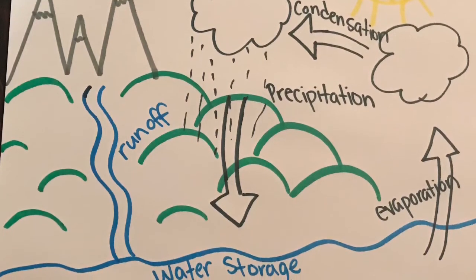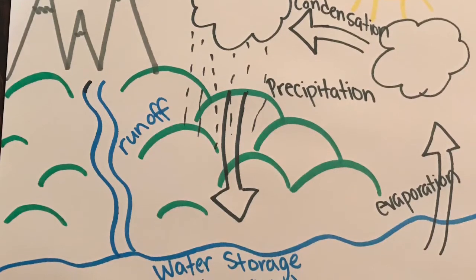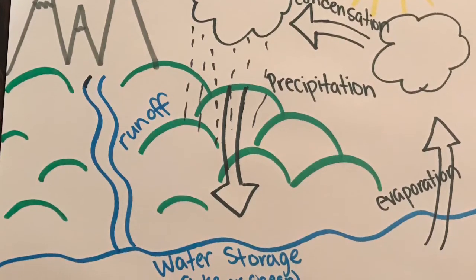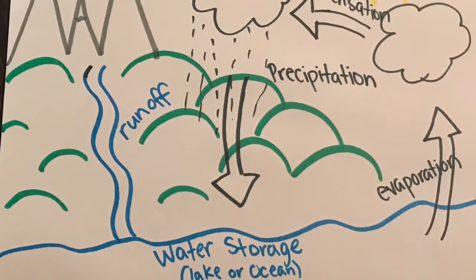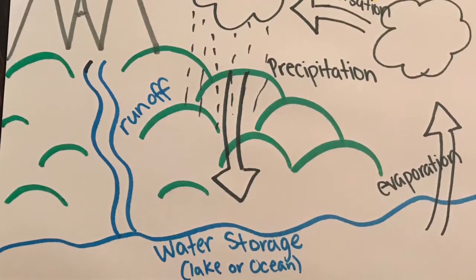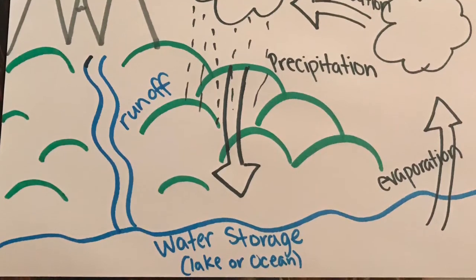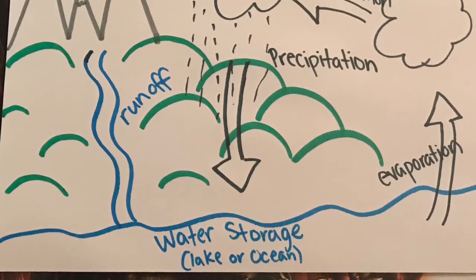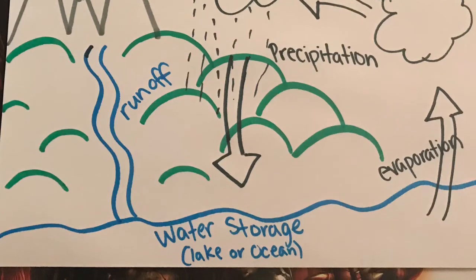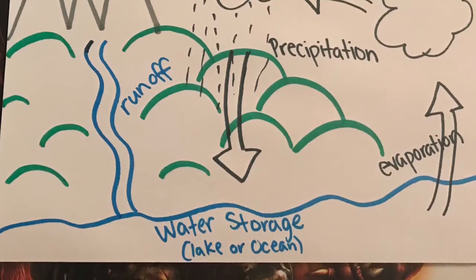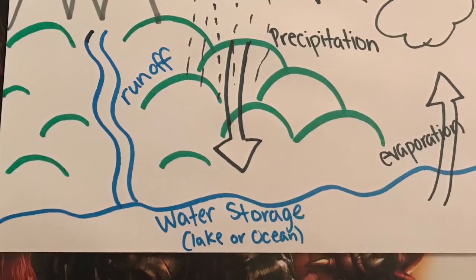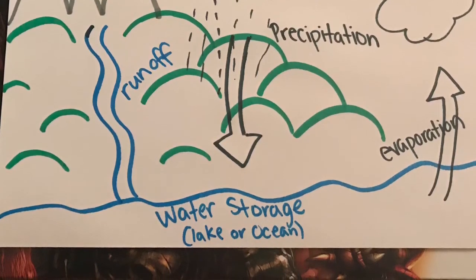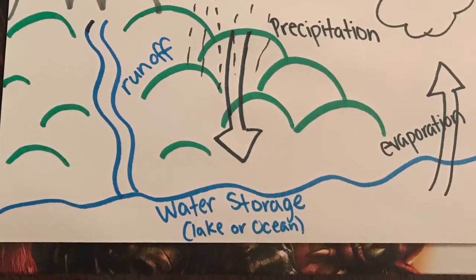And precipitation is rain, snow, sleet, anything that builds up in the clouds and then is released down. And that can collect into lakes, rivers, oceans, or sink into our groundwater. But the most simple version of the water cycle is the process of evaporation, condensation, precipitation.